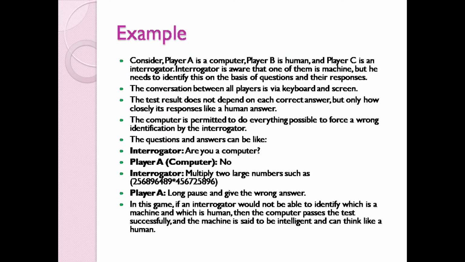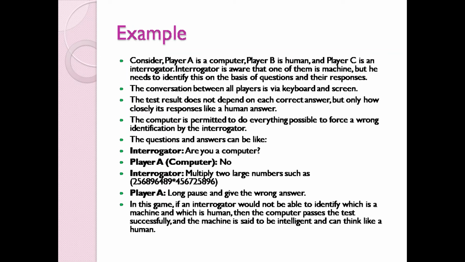The interrogator asks another question to find out whether it is a machine or a human. So it gives a multiplication of two large numbers. If it is a simple number, a human can answer easily. But when it is a large number, mistakes are inevitable.